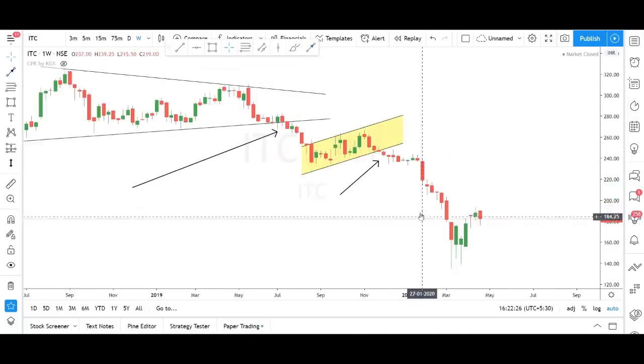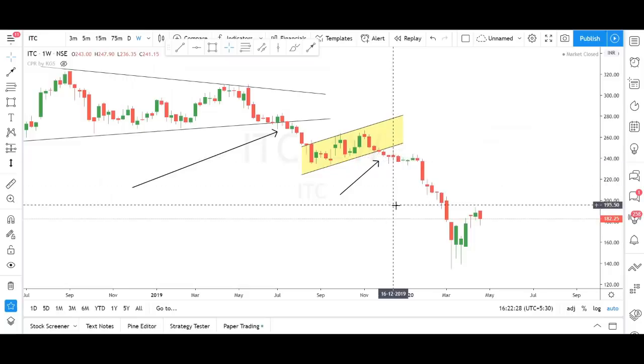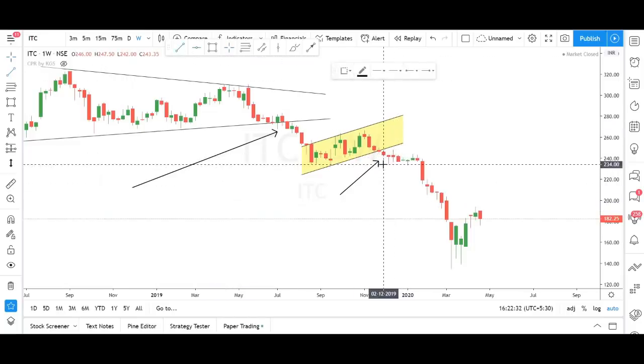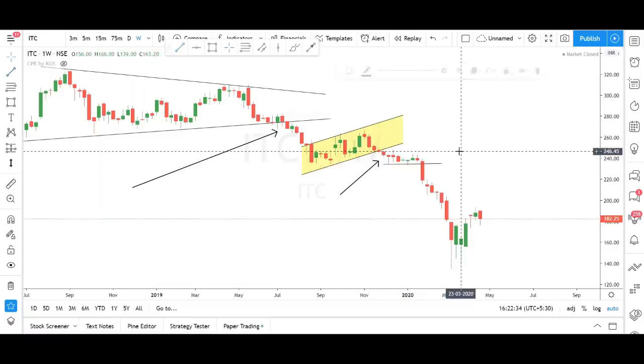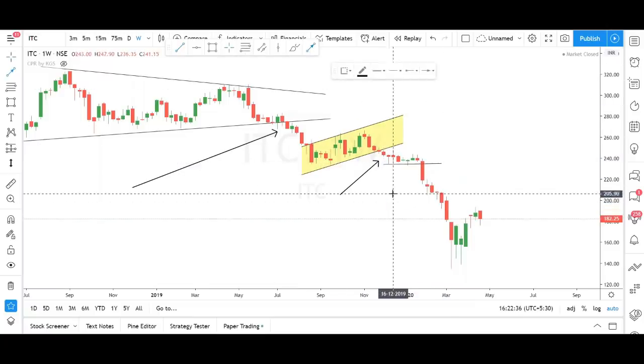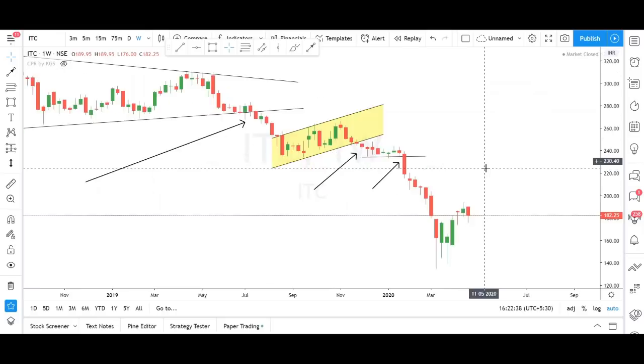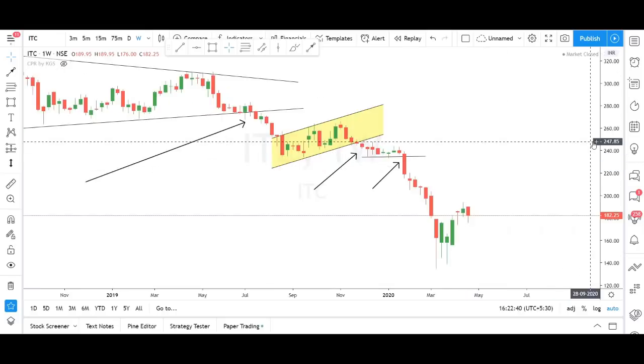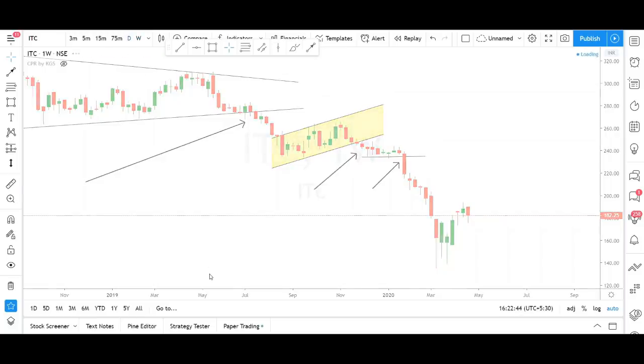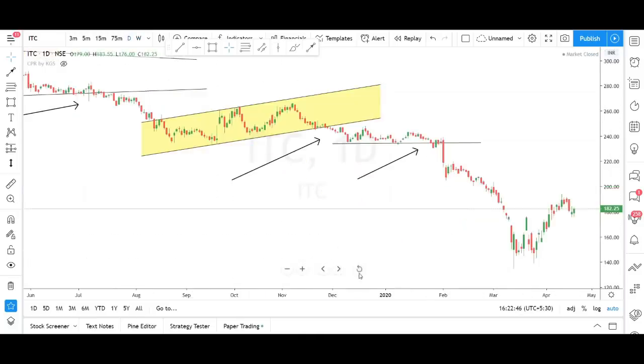I will be focusing on high probable breakouts. Whenever there is a high probable breakdown, I will go for a short opportunity. Whenever there is a long opportunity, I will go when there is a resistance breakout. So like this, I will be doing some personal analysis also.